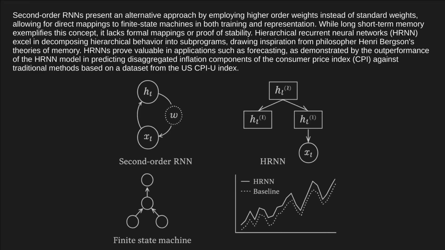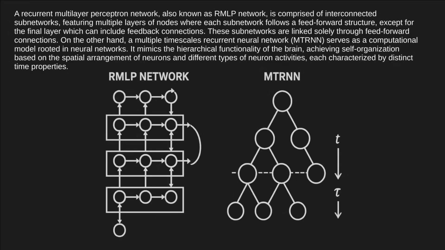HRNNs prove valuable in applications such as forecasting, as demonstrated by the outperformance of the HRNN model in predicting disaggregated inflation components of the Consumer Price Index, CPI, against traditional methods based on a data set from the U.S. CPI-U index.